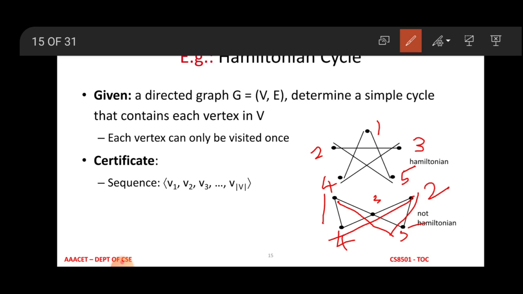So here 1 and 5 are already connected by 3, but again the edge going from 2 to 5 also passes through 3. So the vertex 3 has been visited more than once. So this is not a Hamiltonian cycle or circuit. The main aim of this cycle is to find a simple cycle in which each vertex in the given graph is visited only once. This is the main aim of the Hamiltonian cycle problem.